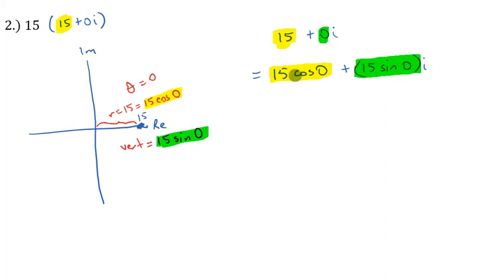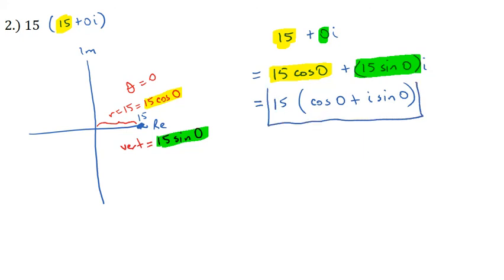But the idea is we're using the r and the theta here to describe this complex number. Okay, so finally, if you drop these parentheses and factor out the 15, the r value, you're left with cosine of 0 plus, put the i in front, i times the sine of 0. Okay, and that is the polar form of the complex number 15.